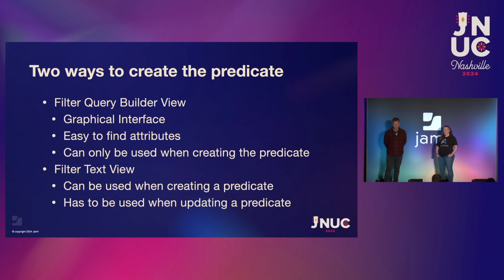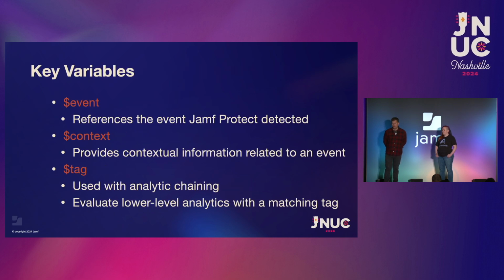Okay. So when we create our predicates, there are three variables we talk to. $event is probably the main one. $event holds all the attributes that were collected from that event. This is typically the main one we access to get those values. But there's a $context, which has some more contextual information around that event. And then we've got $tag, which we'll look at later on.